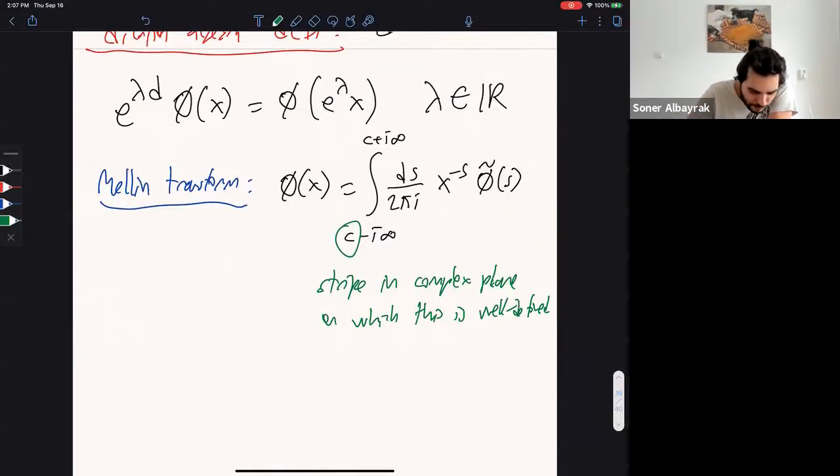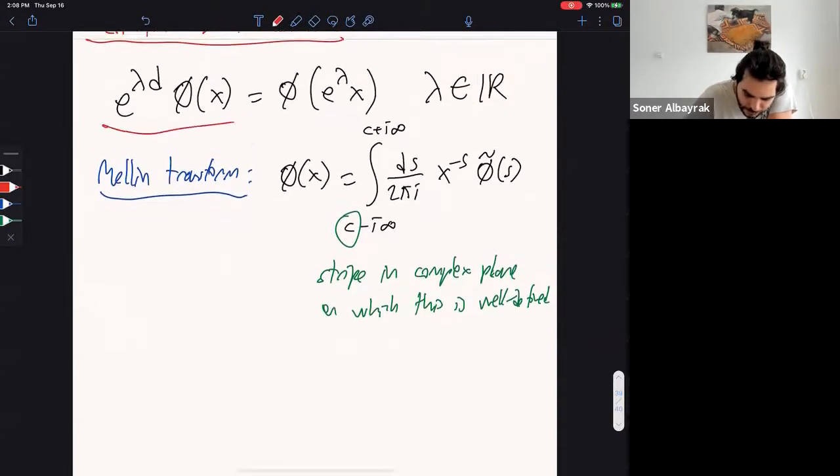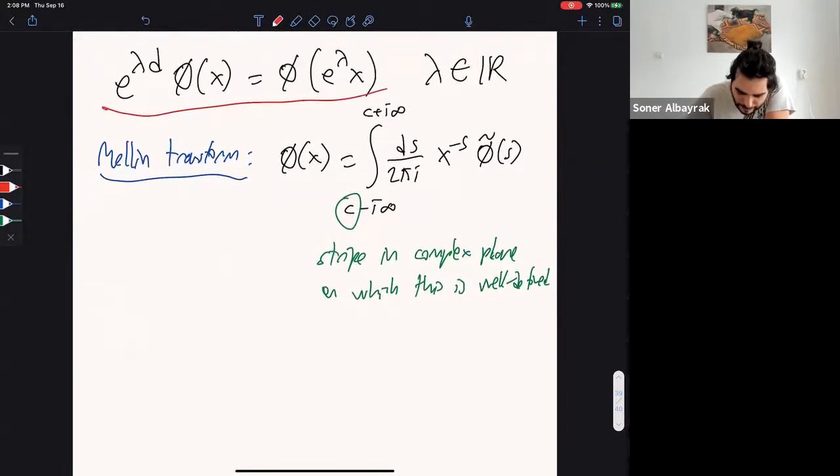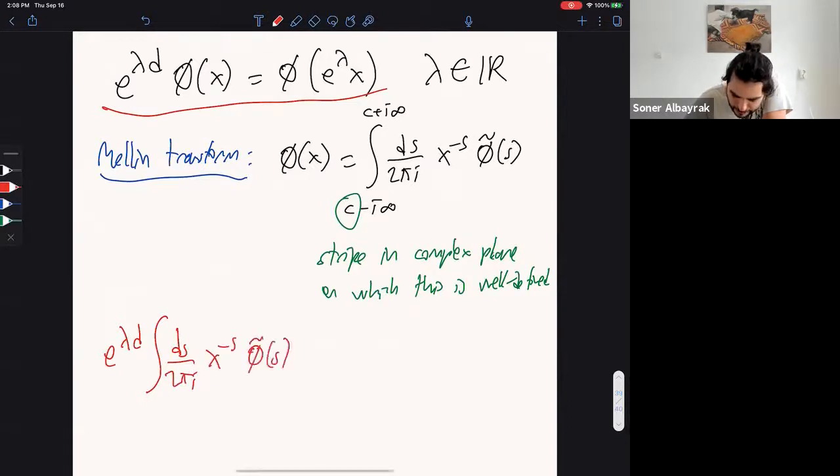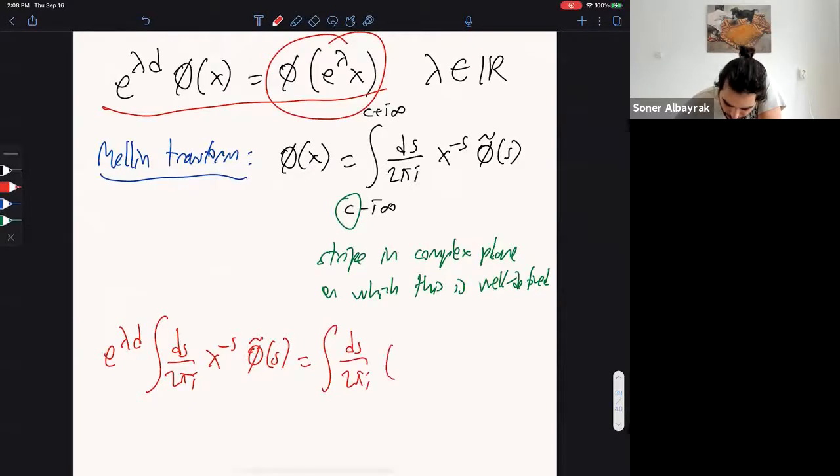Okay, so if we insert this, then this relation basically means e to the lambda D, integration ds over 2 pi i, x to the minus s, phi tilde of s, is equal to the integration ds over 2 pi i, e to the lambda x to the minus s, phi tilde of s.